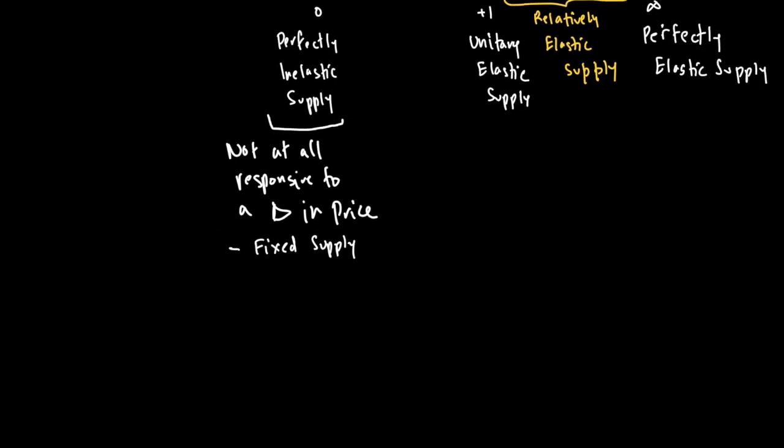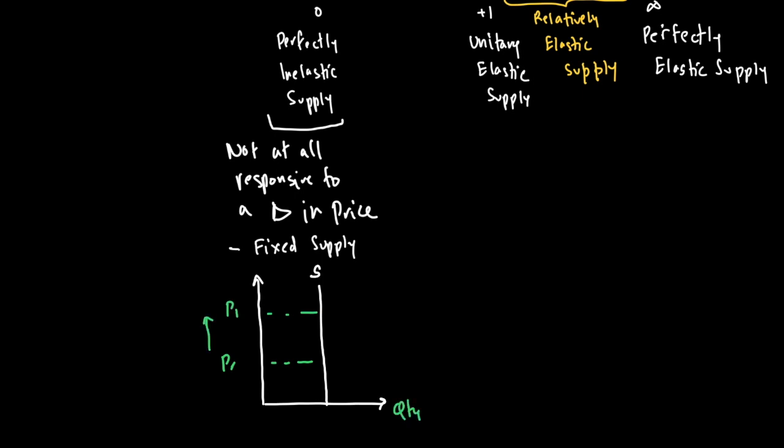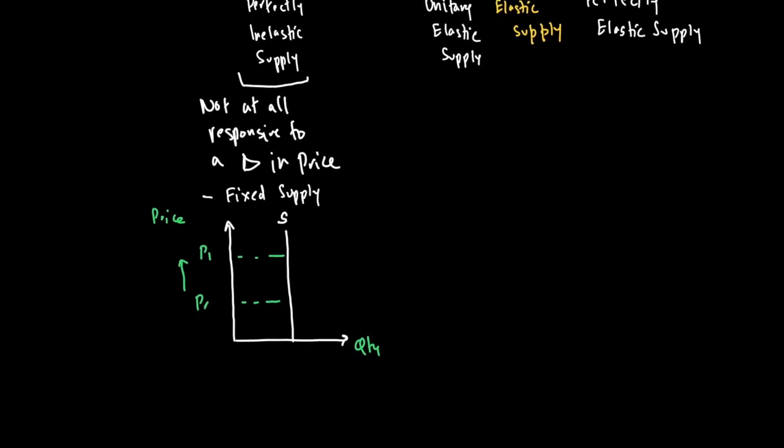Supply in a stadium would be perfectly inelastic. The stadium capacity is fixed. If demand goes up, the price may go up, but the supply is fixed. So it originates from the quantity axis, but it's a completely vertical line. An example could be stadium seat capacity.